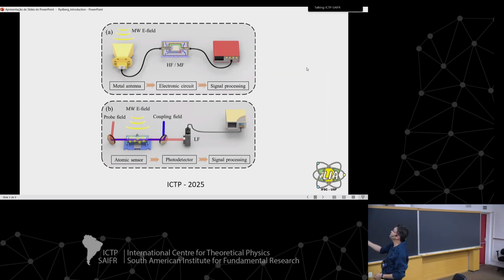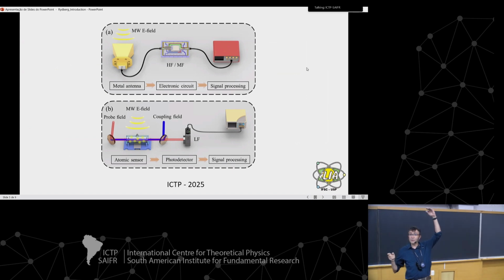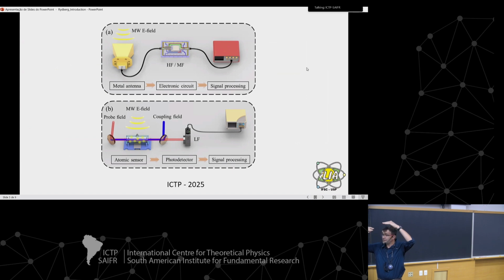So we have the 780 and this blue light, and we look at the transmission. First thing, it doesn't matter what frequency I excite here. I can excite any frequency I can put here, and it's going to work. If I go to a very high quantum number, the level separation is going to be on the order of megahertz, and I can use it to detect the microwave in the megahertz frequency.